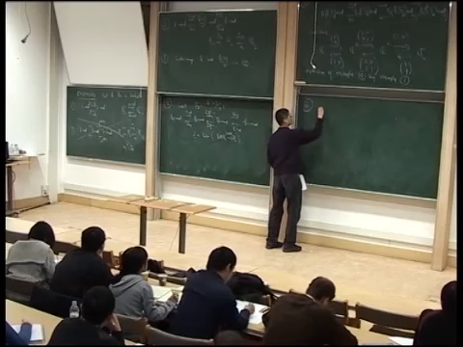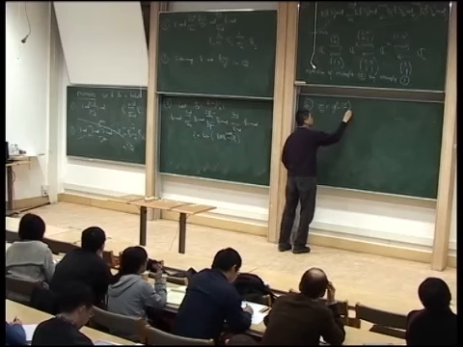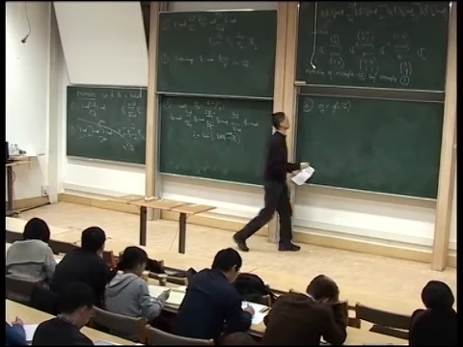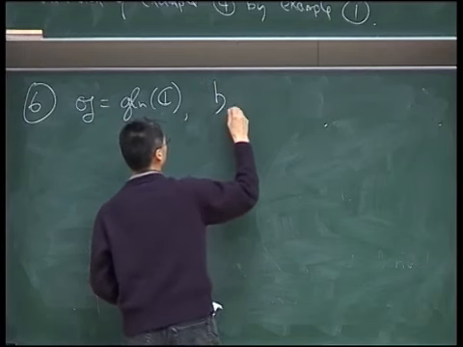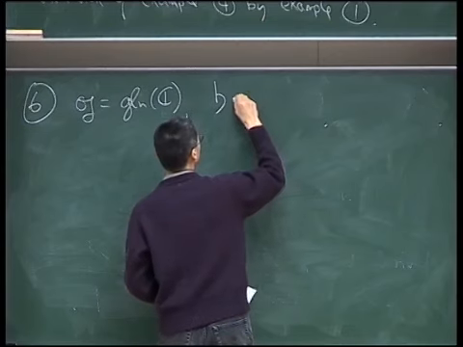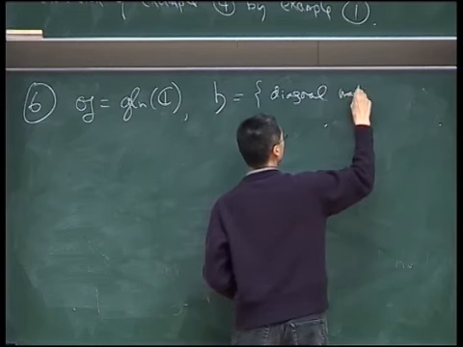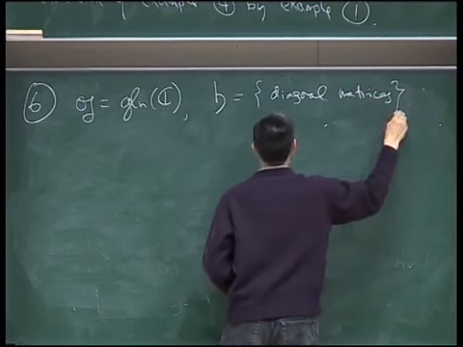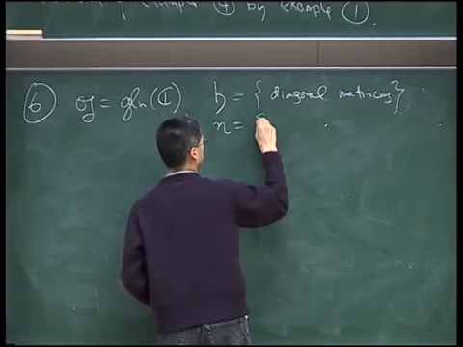Okay, so we take G to be GLN, and we consider the subalgebras of diagonal matrices and of upper triangular matrices.